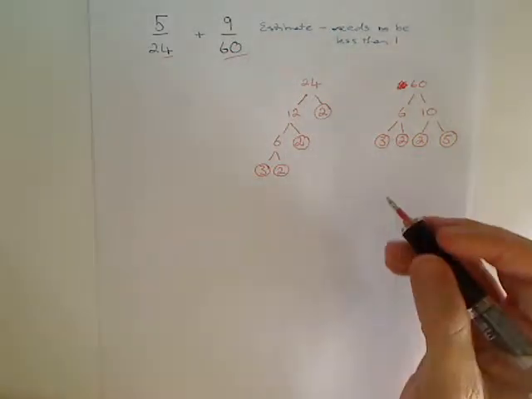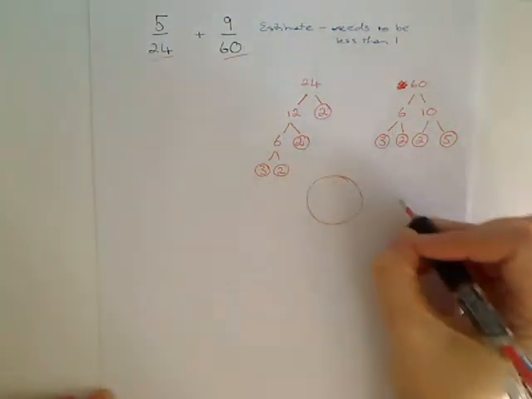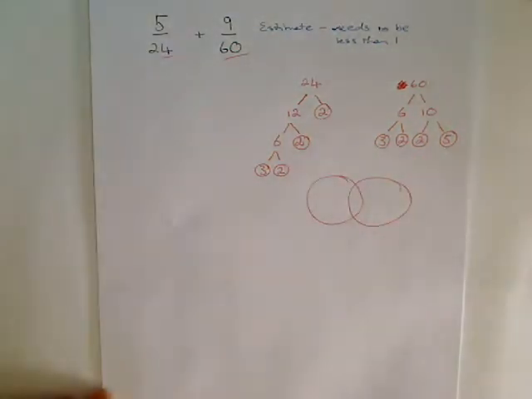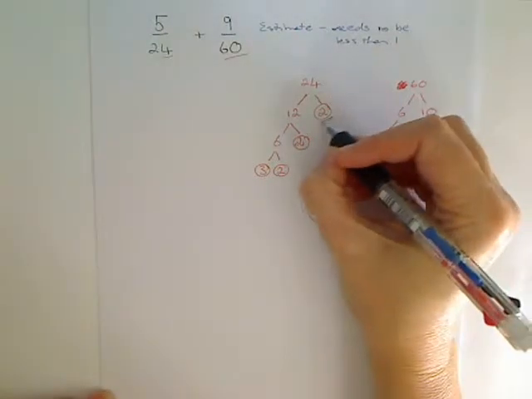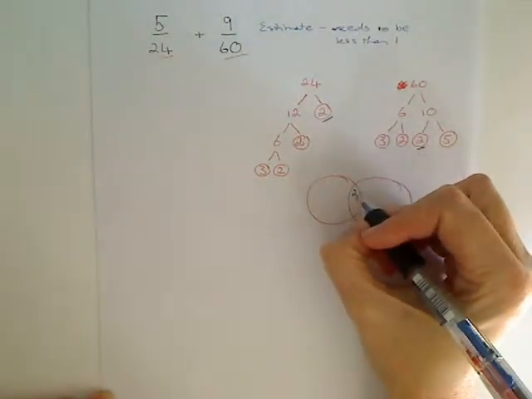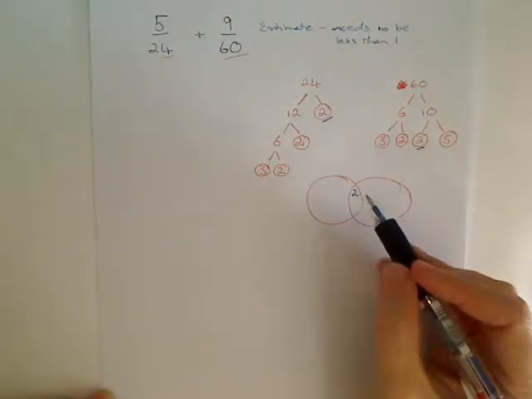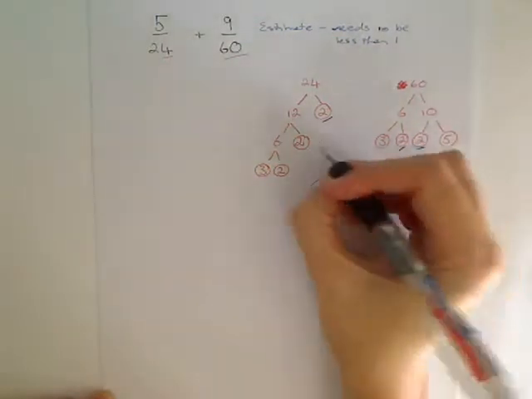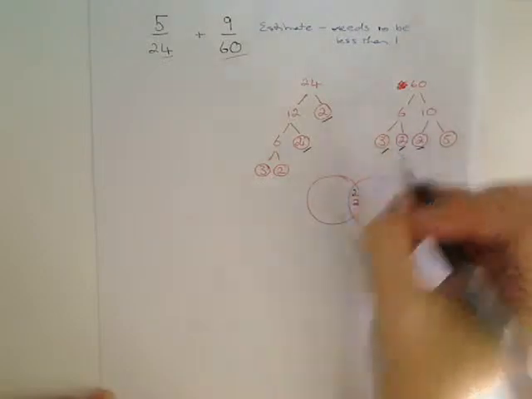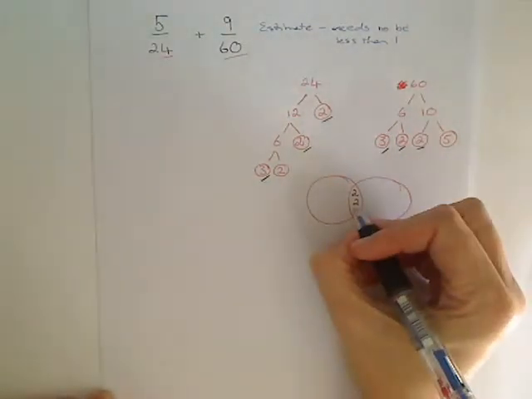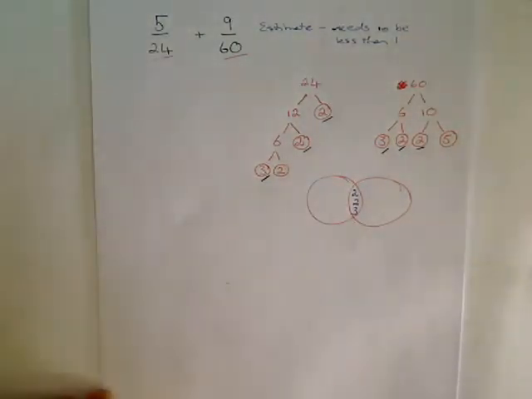Okay, into the Venn diagram next. So I draw two overlapping circles. Any factors that both numbers share, they both share a 2, and I'm putting it in the overlap. They both share another 2 into the overlap, and they both share a factor of 3 into the overlap.